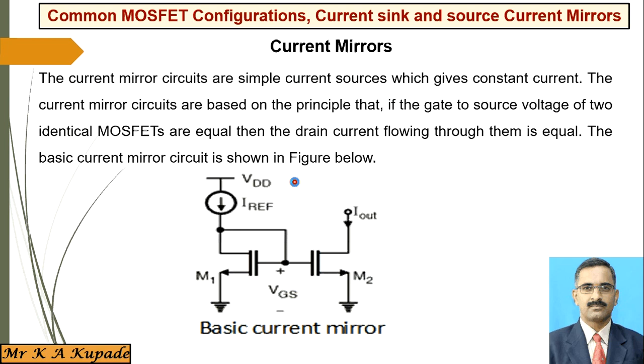Now see what they want to say here. What exactly is a current mirror circuit? Whenever a constant current is flowing in that region, it is called a current mirror.